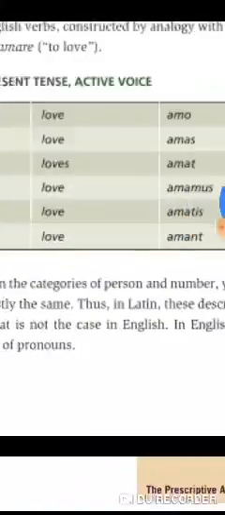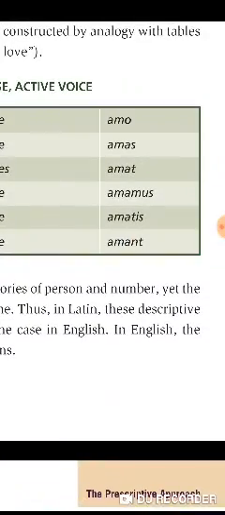Well, how many different categories are there here? 1, 2, 3, 4, 5, 6. Six ones, okay? What about Arabic? There are 14 different kinds in the grammar of Arabic, not 6.